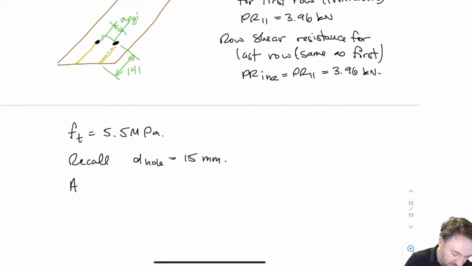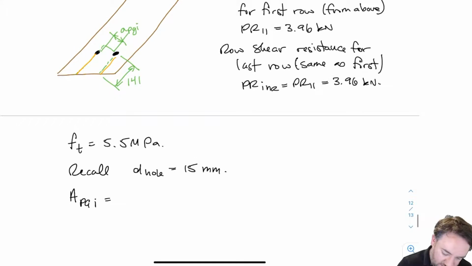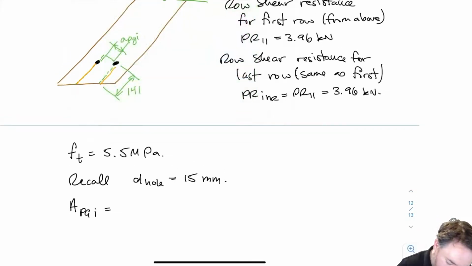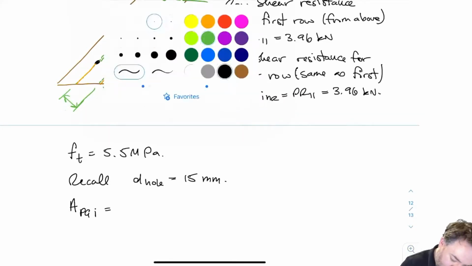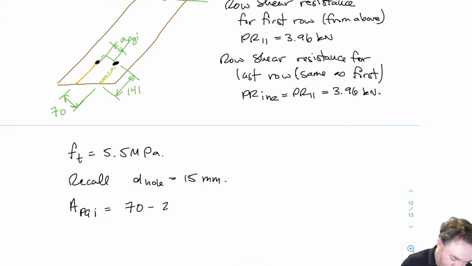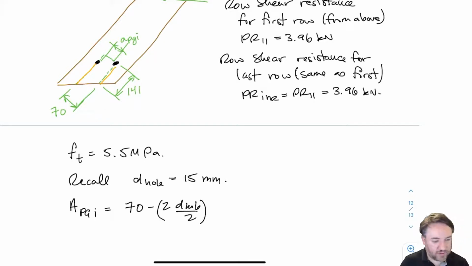Then our A_GI, the net tension area for that portion between the bolt holes, is 70. So remember, if I go center to center on these bolts, this is 70. Then I have to remove the bolt holes. So 70 minus 2 times the hole divided by 2. So I have 2 half holes that I need to remove.